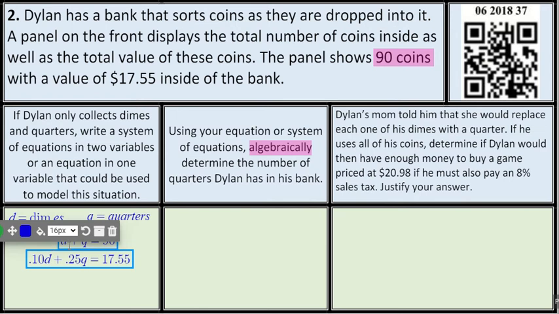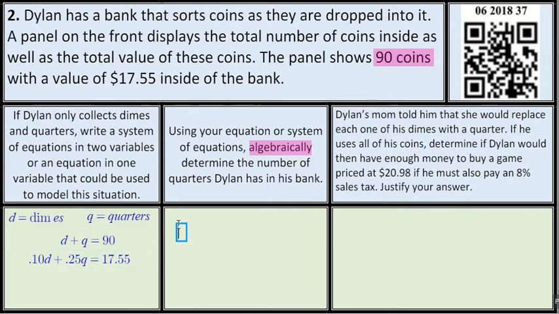So I'm going to distribute 0.10 for everything in my first equation. To make it go away, I need a negative 0.10 times D minus 0.10 times Q equals 90 times negative 0.10.